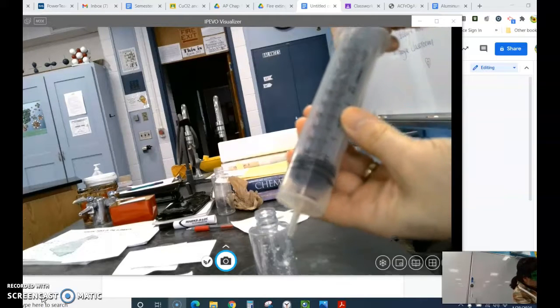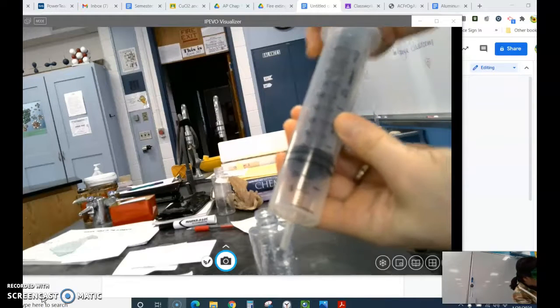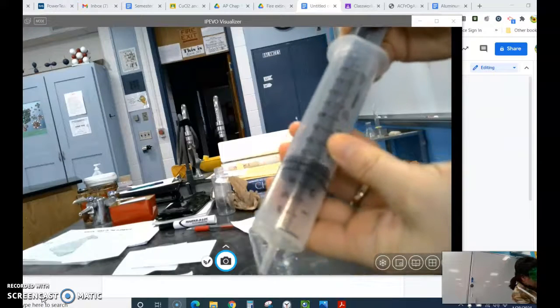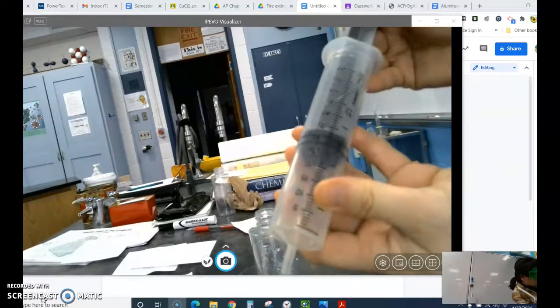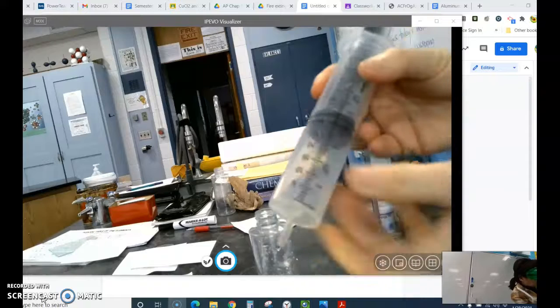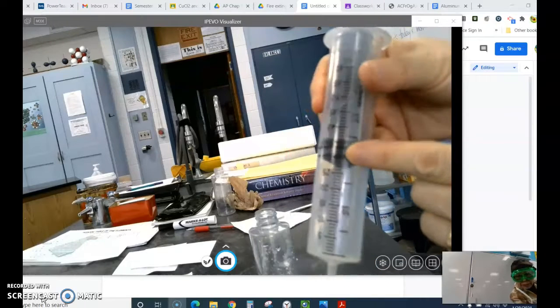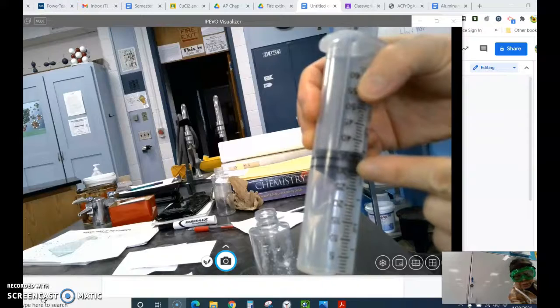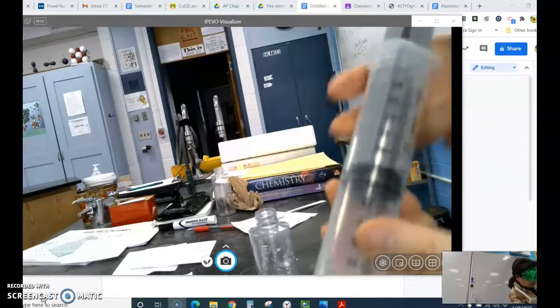If I'm right here, this means 15 milliliters. If I go right here, looking at the front black line, this will be 30 milliliters.